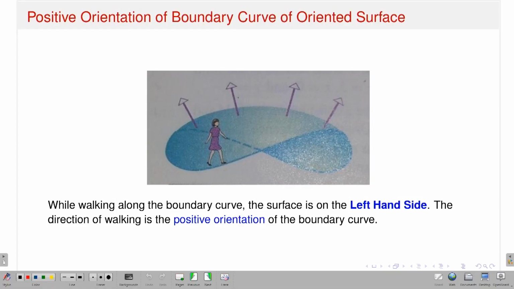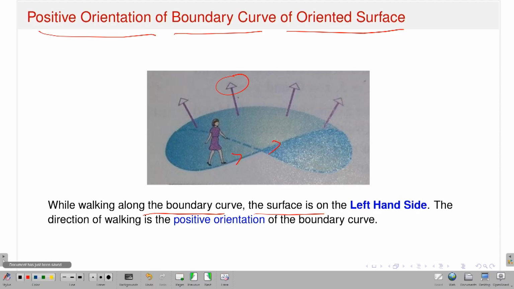Okay, so this is again clear: the positive orientation of the boundary curve of an oriented surface. It says that while walking along the boundary curve, the surface is on the left-hand side. I am going in this direction now, and the corresponding normal at that point points in the direction of my head, right?